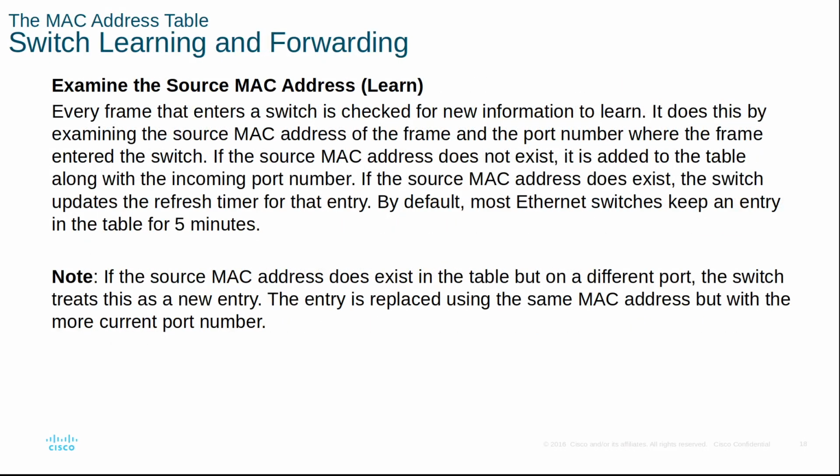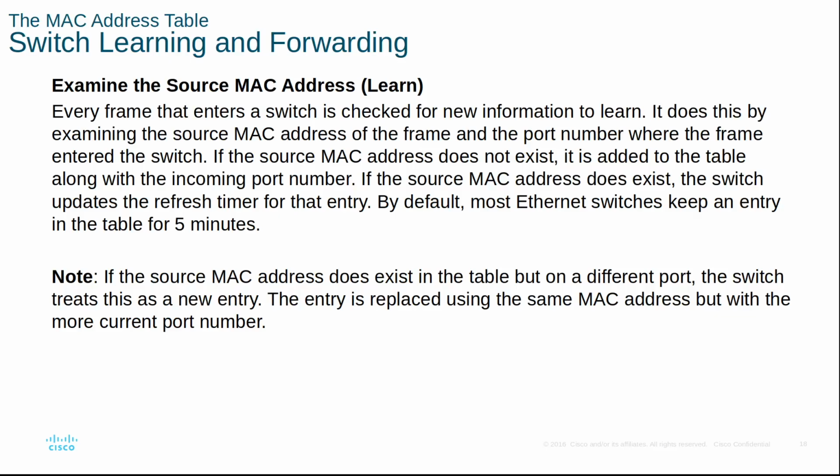Every single frame that enters a switch will be checked for new information. The switch will look at the source MAC address in the frame and the port number that it was received on, and if the MAC address isn't in its table already, it gets added to the table with the incoming port number. If the address does exist, the switch will update the refresh timer for that entry so it stays in the table longer.